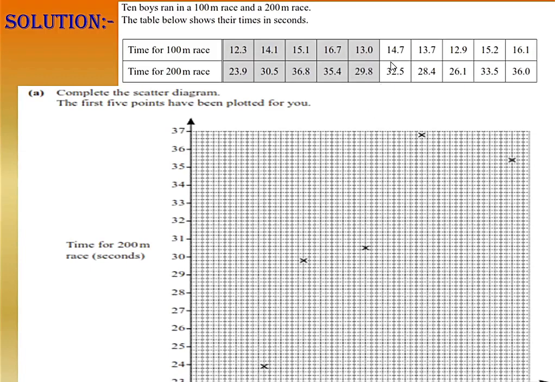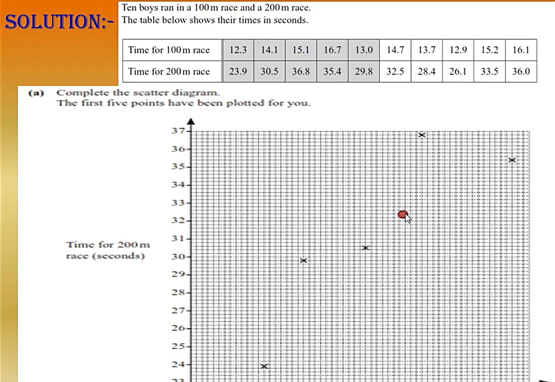So against 14.7 on horizontal axis we will read 32.5 on vertical axis. 14.7 will be over here and 32.5 will be about over here. The point will be here.